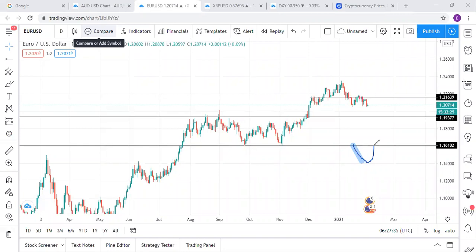Once I see it breaking below this, then I will be looking for a retest. Once I see a retest, then of course we continue the lower high, lower low system.